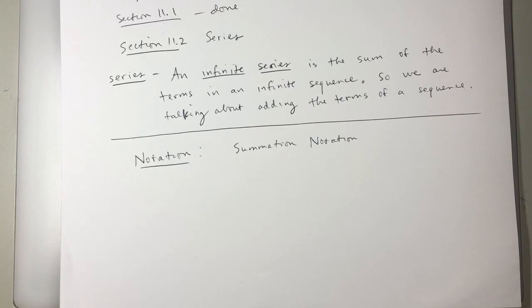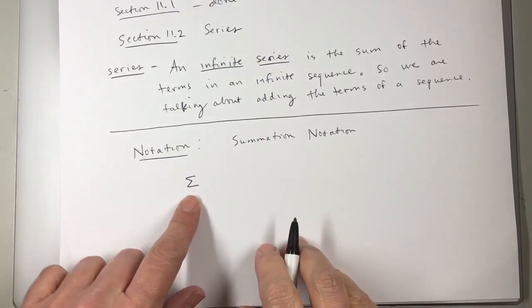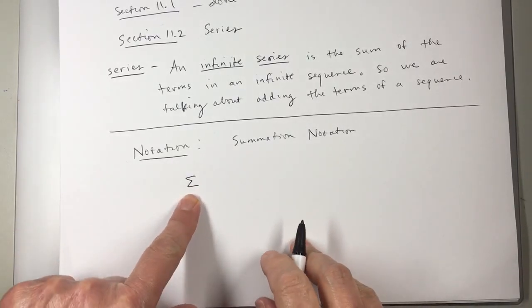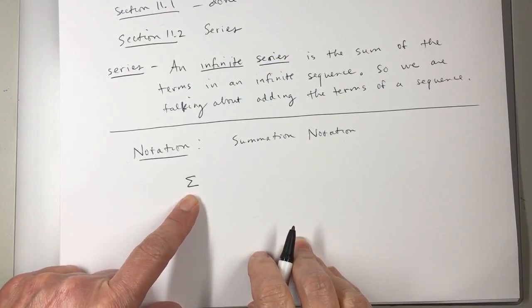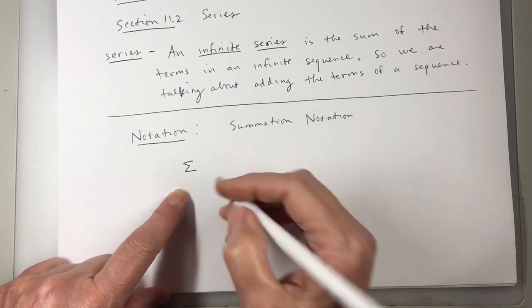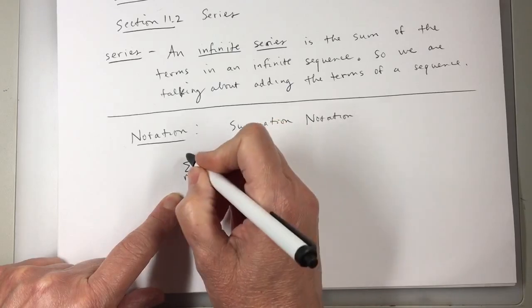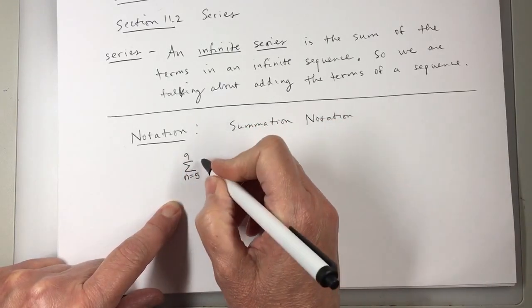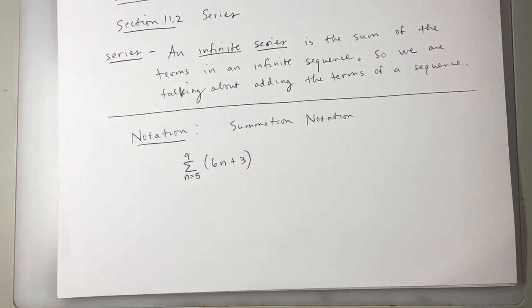So here's an example. The sum, that's what we say in math, the sum, this Greek letter sigma stands for sum or added up. So I'm going to start with n has a value of 5 and it goes to 9. And this is 6n plus 3 for the expression.